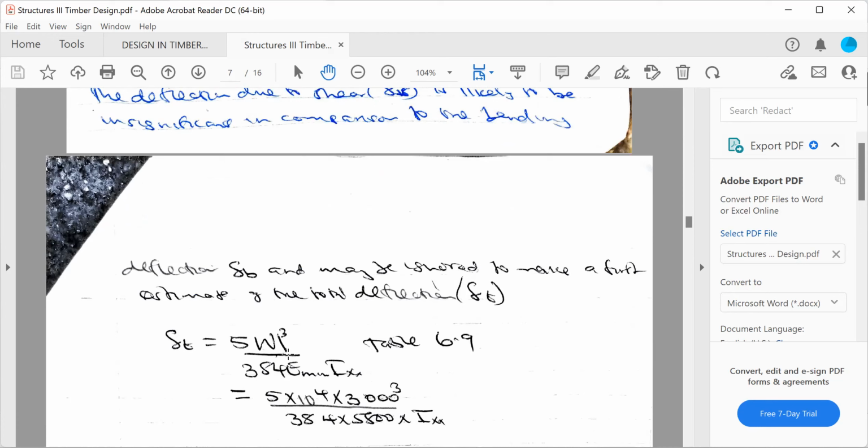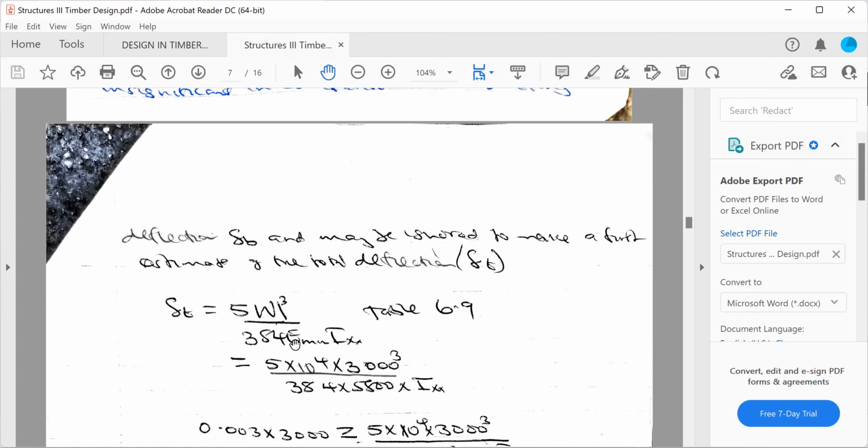Since bending deflection accounts for 90% of total deflection, we have assumed that shear deflection is 0. So I'll come here and substitute. Now 5 is a constant. I take 5 times 10, remember 10 here is W in kilonewton, but I convert it to Newton. That's why I raise it to power 4. So 10 power 4 Newton and not kilonewton.